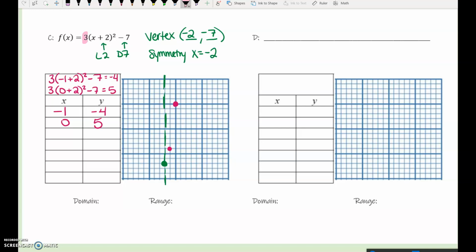It's got a 3 on the front, so yes, that makes sense to us. We need to reflect those points over. So the point -1, -4 is 1 unit away from the symmetry line. Go 1 unit to the left. The point 0, 5 is 2 units, so go 2 units to the left. And then we can draw in our parabola.